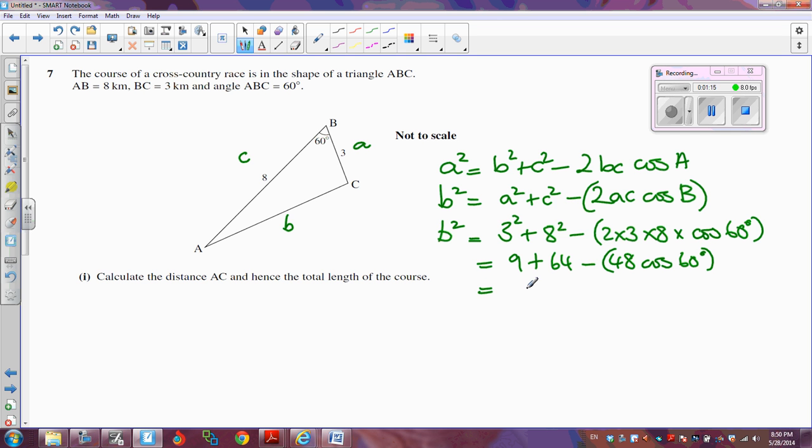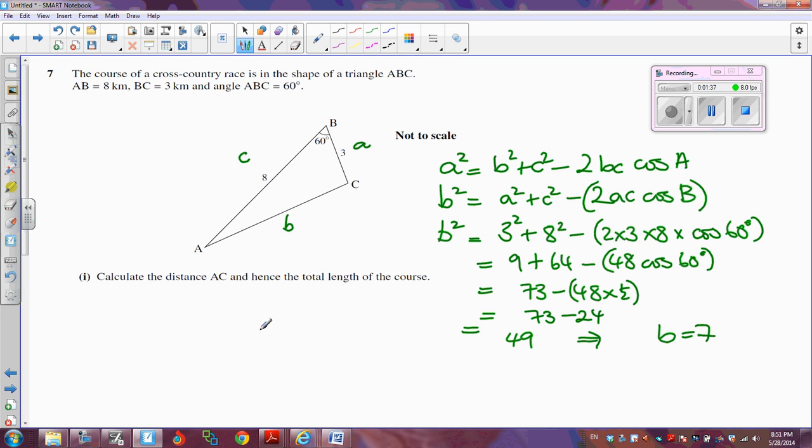So that's going to be 73 take away 48 cos 60, and that actually comes out as 48 times a half, so it becomes 73 take away 24, which is 49. So if b squared is 49, that means that b is equal to 7.